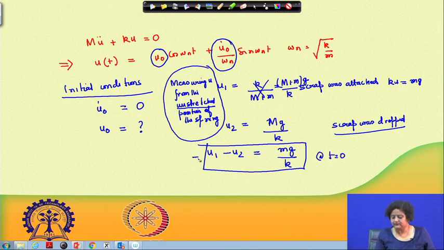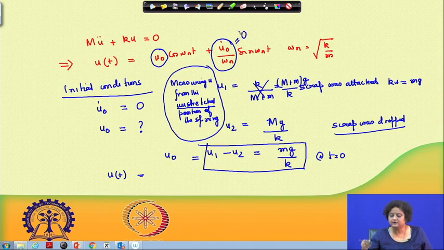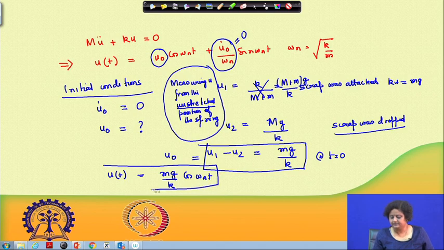We can call this our initial displacement u0. Because u dot 0 is equal to 0, there is no initial velocity, so the response can be written as mg by k into cos omega n t.